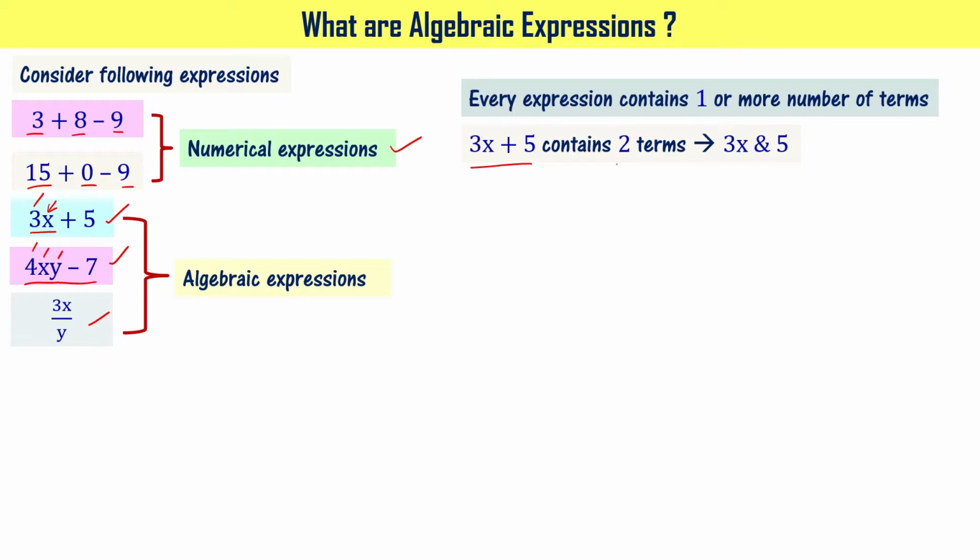It has two terms, 3x and 5, right? 3x is called an algebraic term and 5 is called a numeric term. 3x is called an algebraic term because it is a product of constant 3 and variable x. Please note this. Those terms are called algebraic terms. And 5 is a constant, that is why it is called a numeric term.